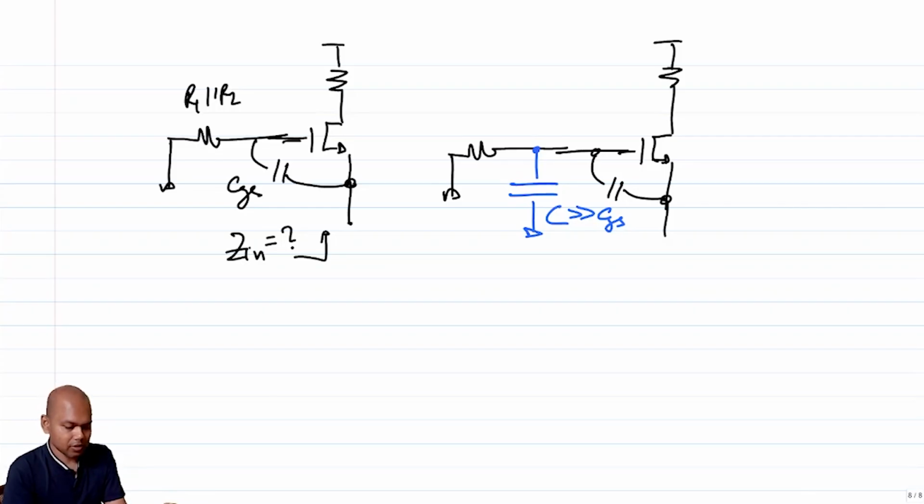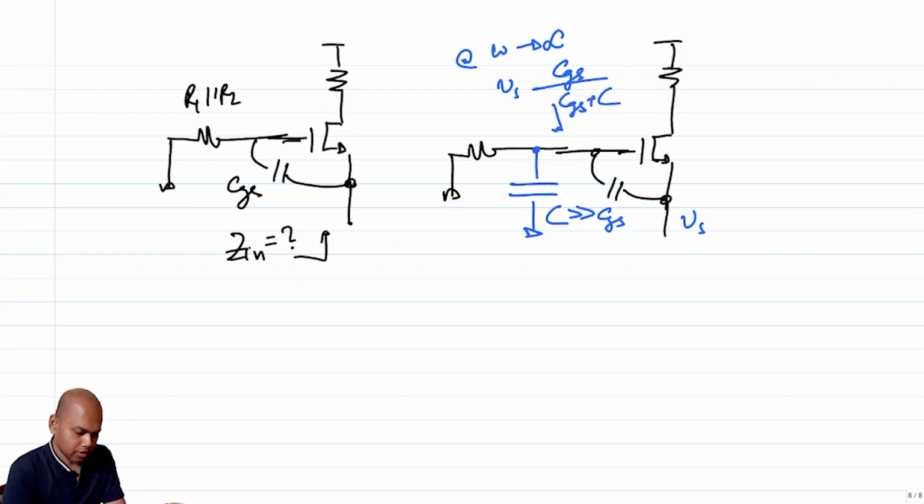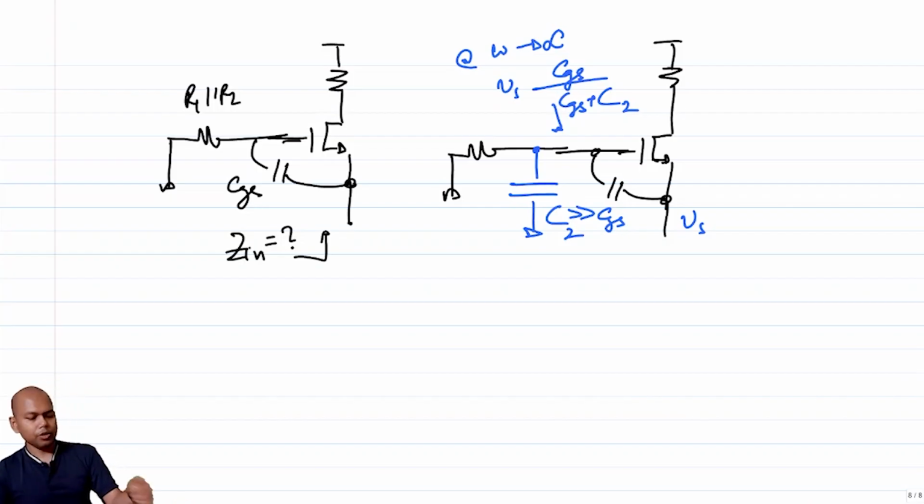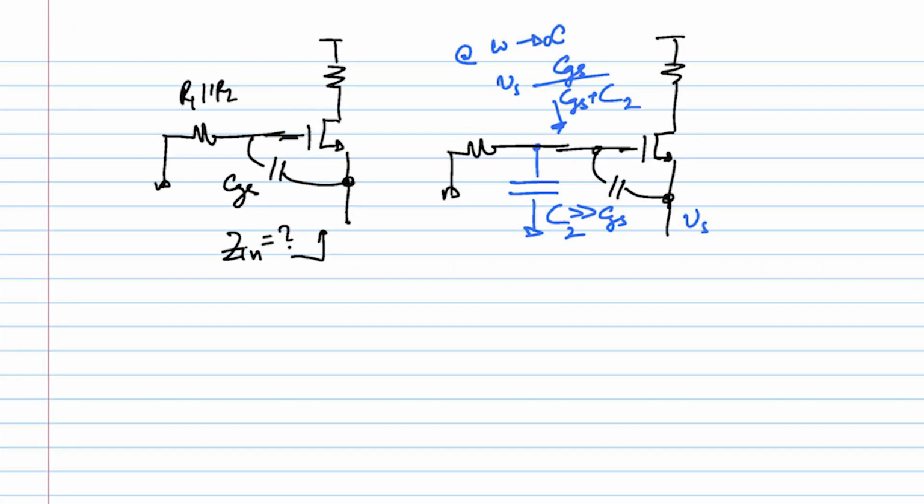At omega tends to infinity, if this is Vs, this node will be essentially Vs times CGS by CGS plus C2. If C2 is much greater than CGS, then obviously that node voltage is much smaller than Vs, and we have an incrementally shorted gate, right?